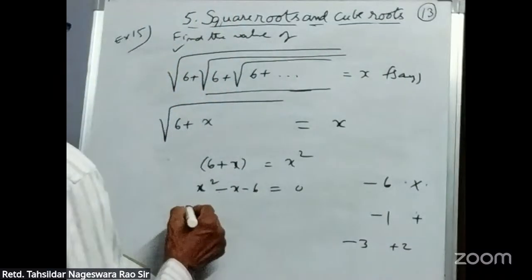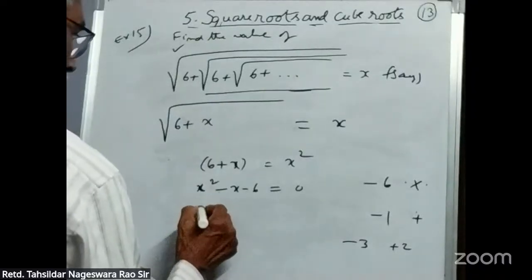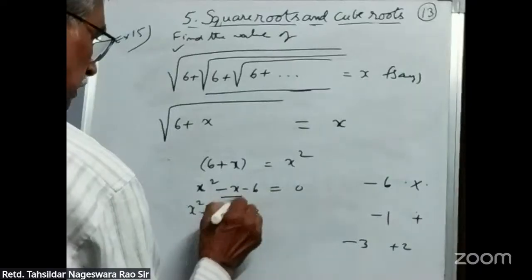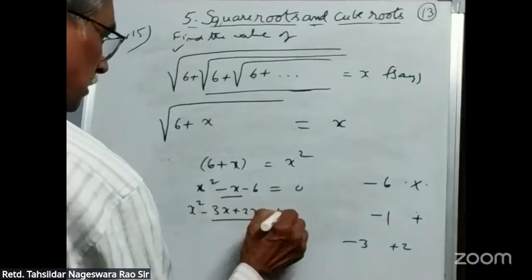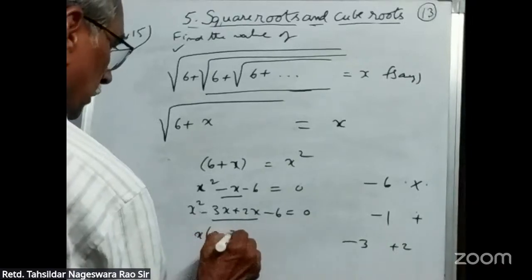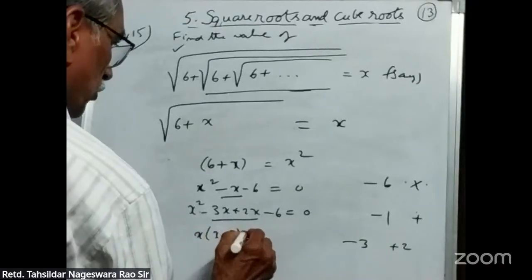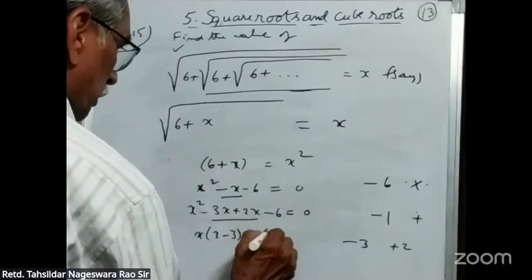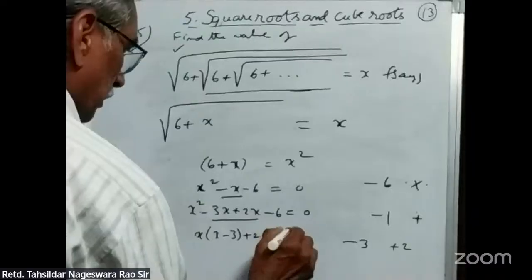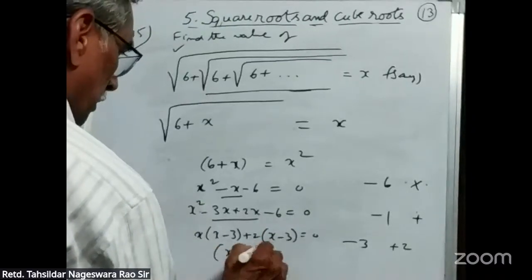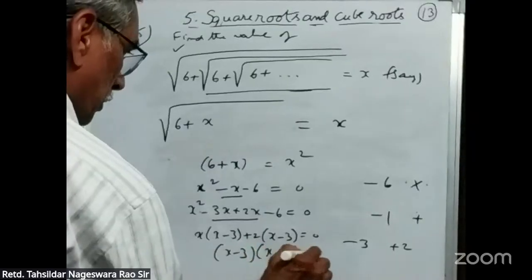So x square minus 3x plus 2x minus 6. X common, x minus 3, plus 2 into x minus 3 is 0. This is the method of solving quadratic equations. X minus 3 into x plus 2 is equal to 0.